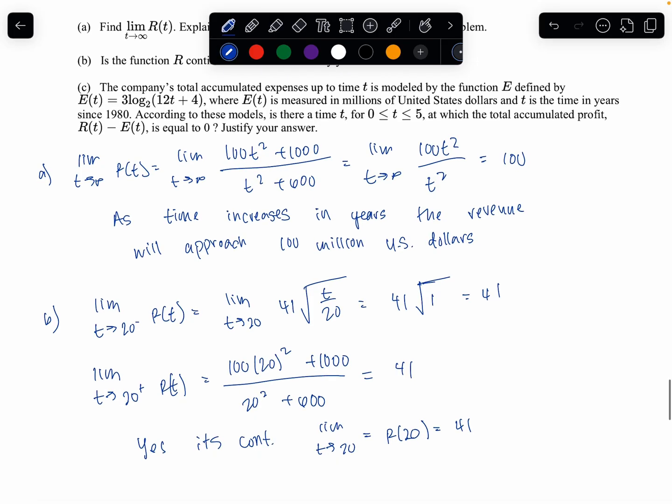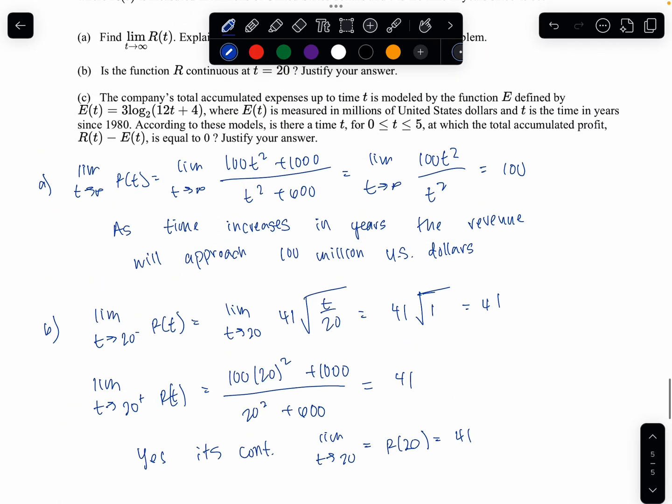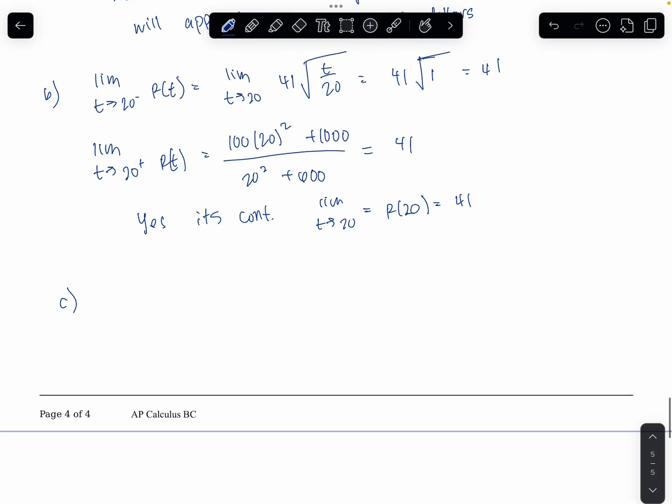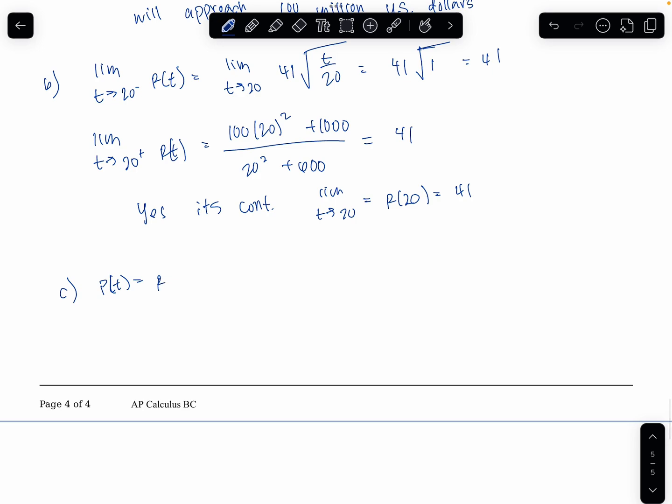Okay, so here's what we're going to do. I'm going to say P of t is equal to profit. So our profit is equal to our revenue minus our expenses. And I'm going to find P of 0.